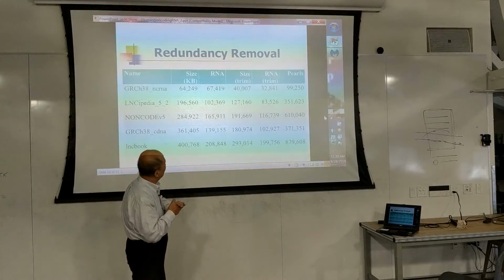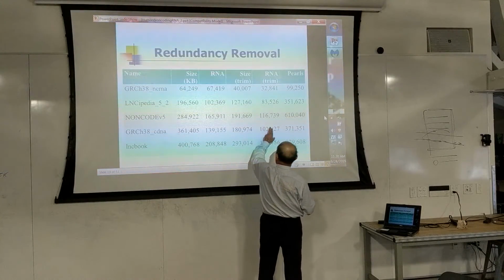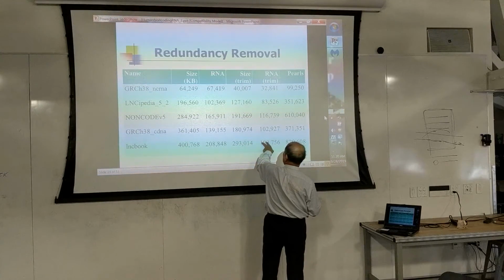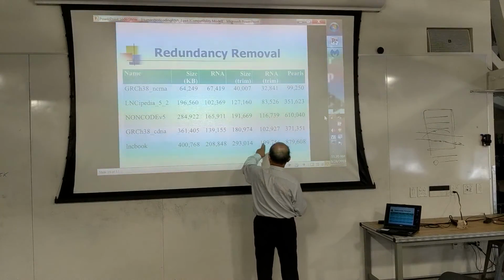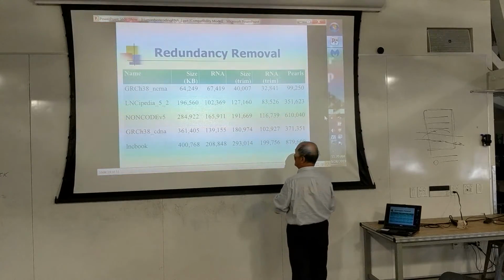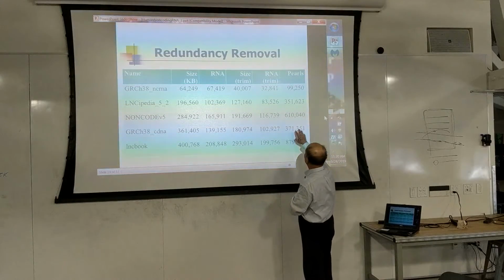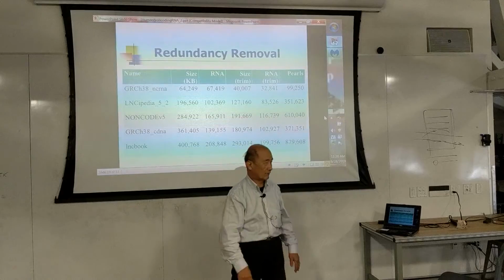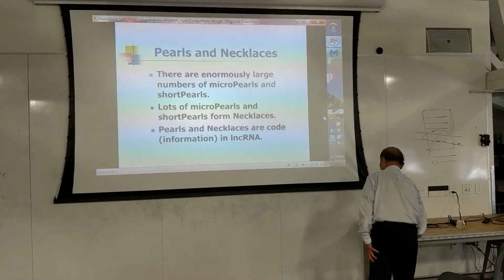And so there are lots of RNAs being removed. But here you see there's still lots of RNA. And these are the pairs remaining in the pair file. So these are the data I have.